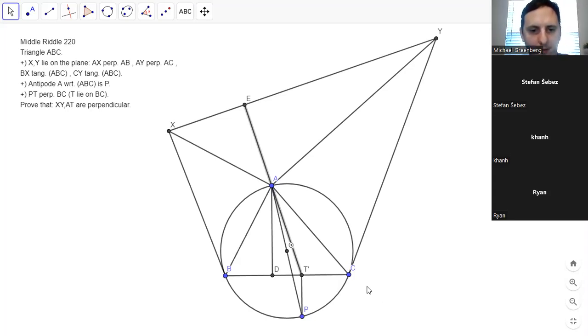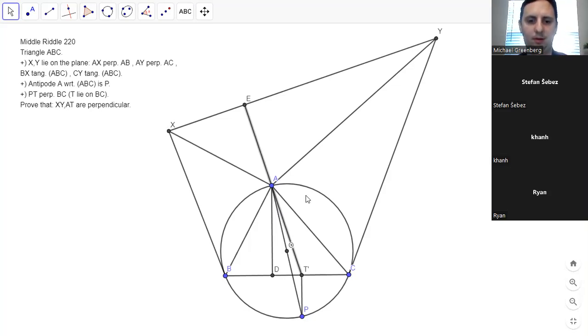So in other words, AX over AY is equal to sine of BAT prime over sine of CAT prime. However, AX is equal to AB times tan of angle ABX, and it is AB times the tan of angle C.